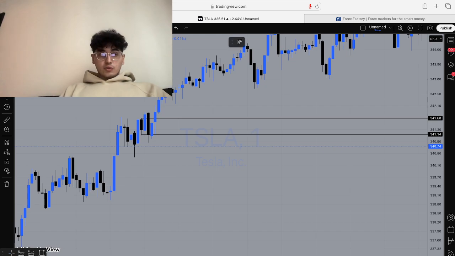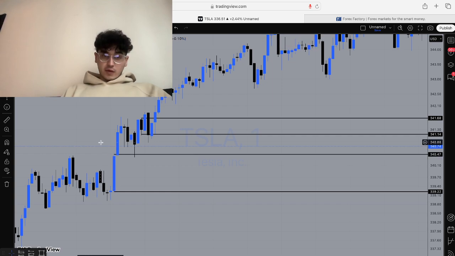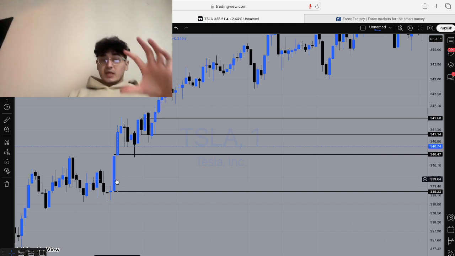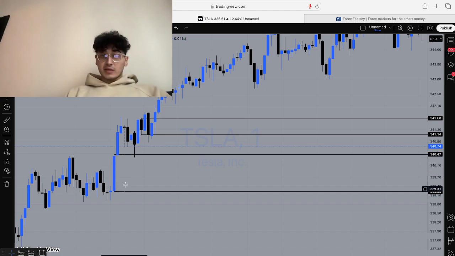If I were to draw out a line at the bottom of this candle and then draw out a line at the top of this candle, you can see that the third candle or even the second candle isn't overlapping with this candle. Like how I showed you guys here, you can see these candles are overlapping. This is not. This is one single candle that has its own space, that has its own gap. You can see the gap is within the space. These candles do not have a gap, right?